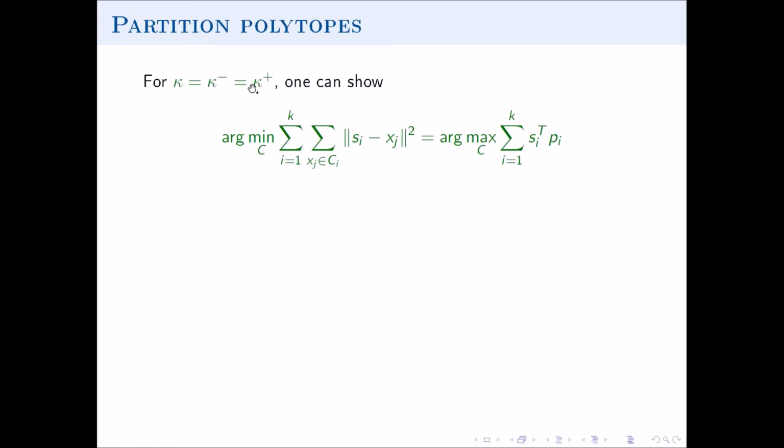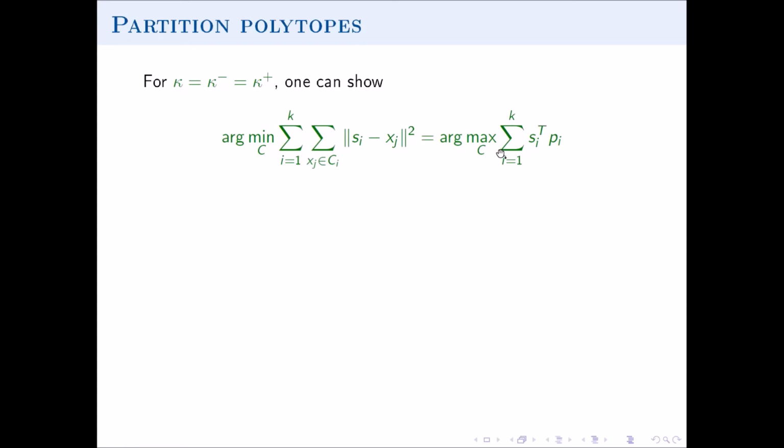So kappa minus is the same as kappa plus. So what one can then show is that if you form a least squares term for a least squares assignment, that's actually the same as just summing up S transpose Pi.